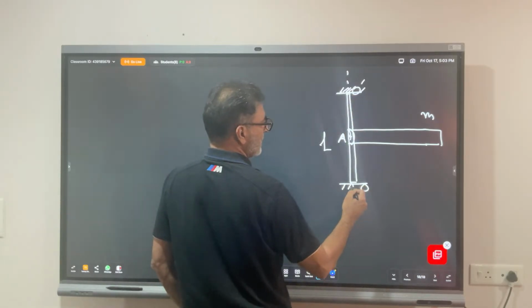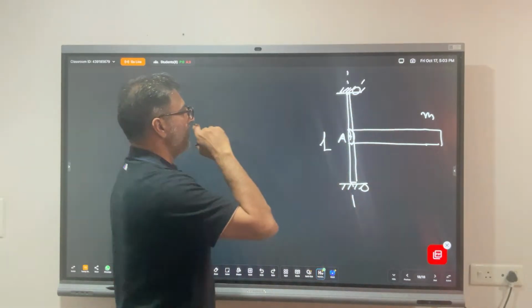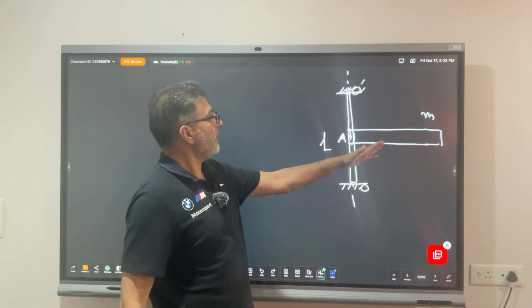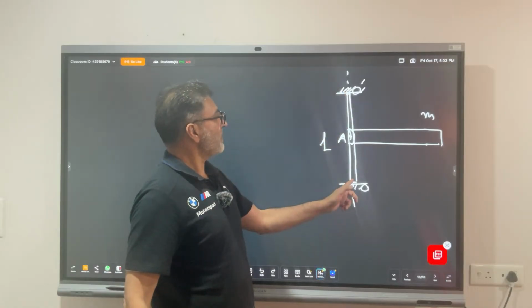This rod rotates around this axis about this point A, and also you see these 2 points of the axis are fixed.